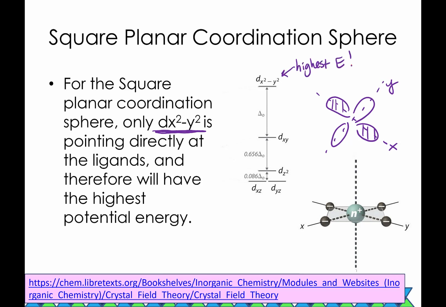Your dxy will have a little bit of overlap in the xy plane. Remember, your dz squared has that little donut in the middle, so it will also have a little bit of overlap with your ligands along the xy axes, but your lowest energy will be your dxz and your dyz. So this is what a square planar crystal field splitting looks like.